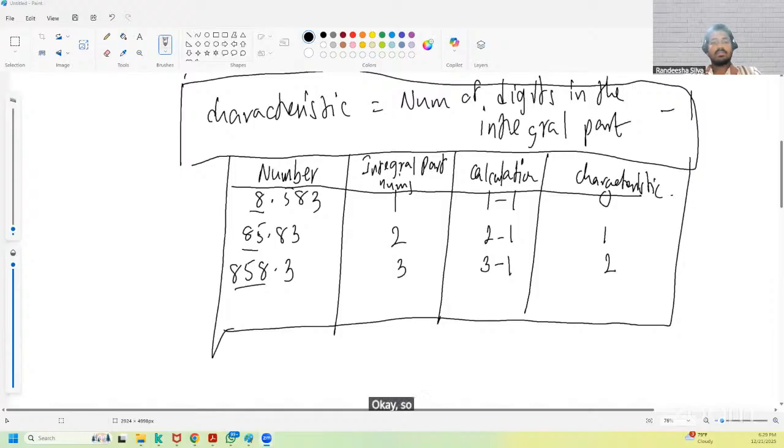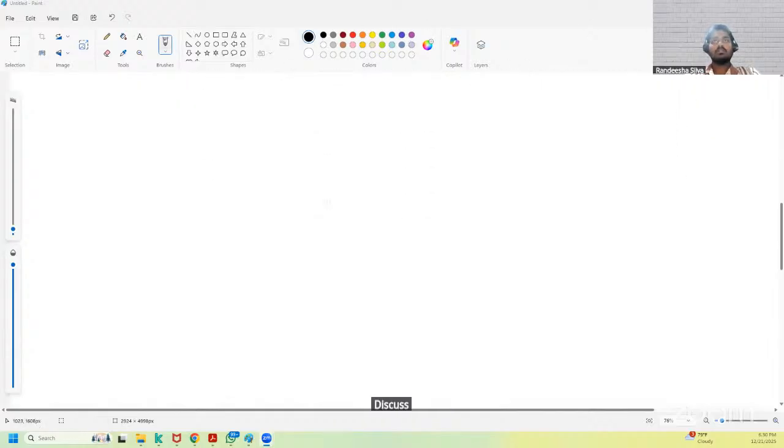Okay, so you know this characteristic now. Mantissa means the decimal part value. That's the basic idea. Then we'll go for a simple exercise now. For this as well, we have to discuss step by step. To find the log of a number which is greater than 10, we have a few steps.